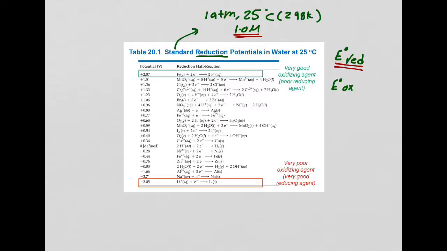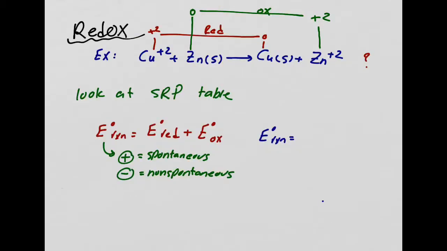So here or here, you guys see that? Copper +2 going to copper 0. Okay, +2 to 0. That's exactly what we have. Plus 0.34. You guys follow that? Okay, because that is my reduction.